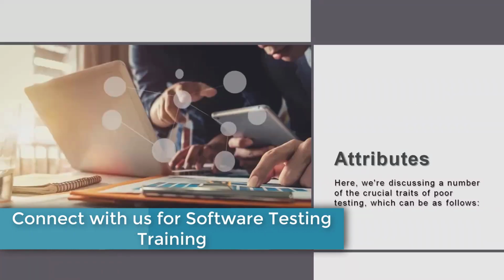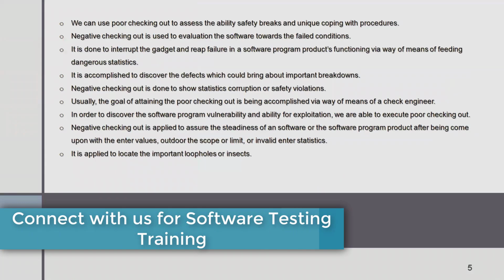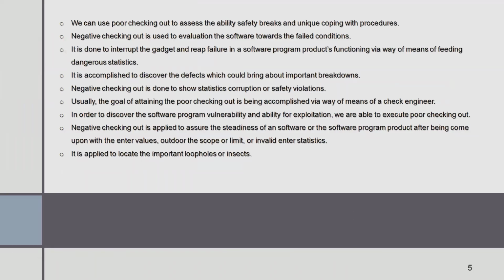So let's understand the attributes. We can use negative testing to check ability, security breaks, and unique coping procedures. Negative testing is used to evaluate the software against the failure conditions. It means if I enter the wrong username and password at the time of validation, the user won't be able to log in.